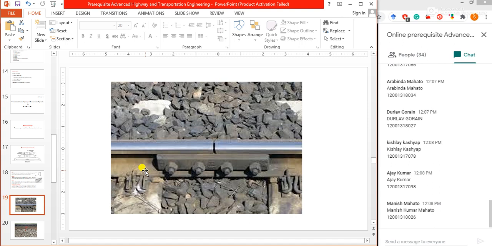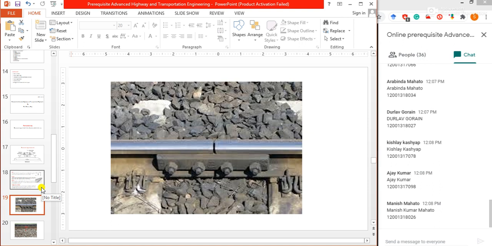For the time being, this is the fish plate. Fish plate does not mean a machli plate. In railway engineering, it is used to join two rail lines, and these rails are joined in series by fish plates and bolts, and fastened to the sleepers with various types of fittings.